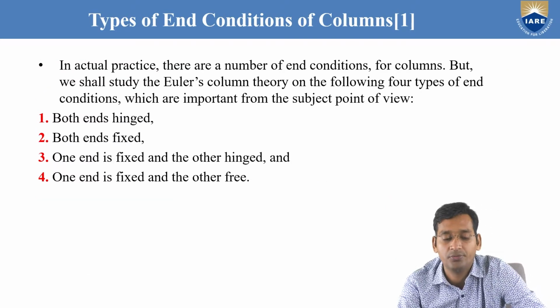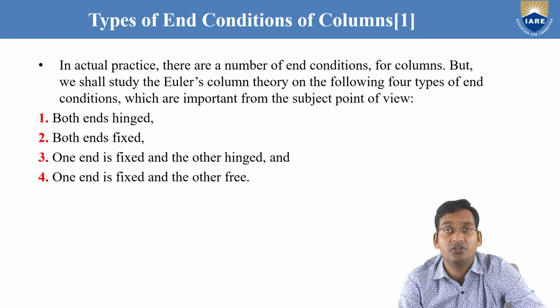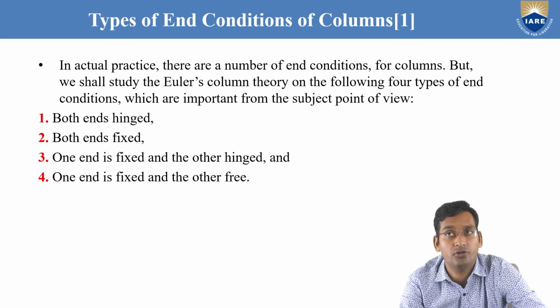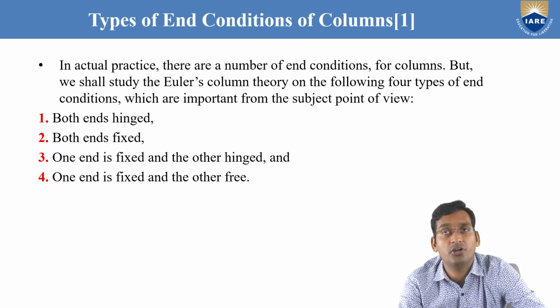Okay, so next, types of end conditions of a column. In actual practice there are a number of end conditions for columns, but we shall study the Euler's column theory on the following 4 types of end conditions, which are important from the subject point of view. So we will see only 4 end conditions for your syllabus. What is the first one?